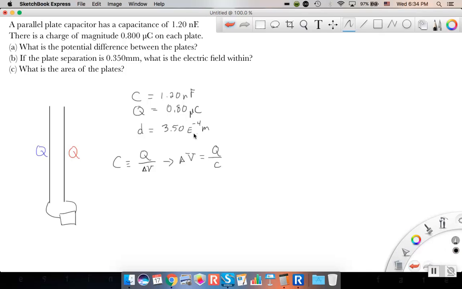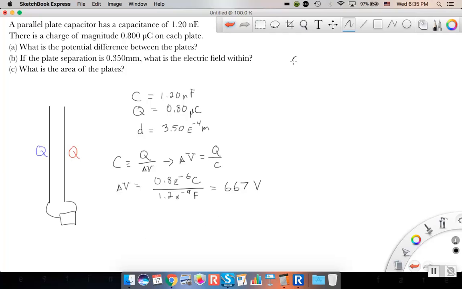Okay, so the voltage here, if I'm double checking my math, should be equal to 0.8 e to the negative 6 coulombs divided by 1.2 e to the negative 9 farad, which gives us 667 volts.